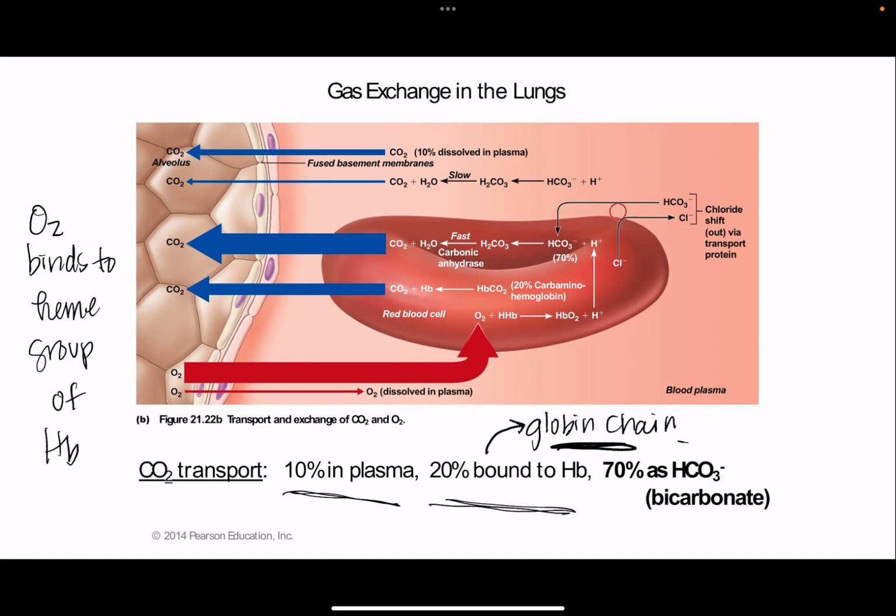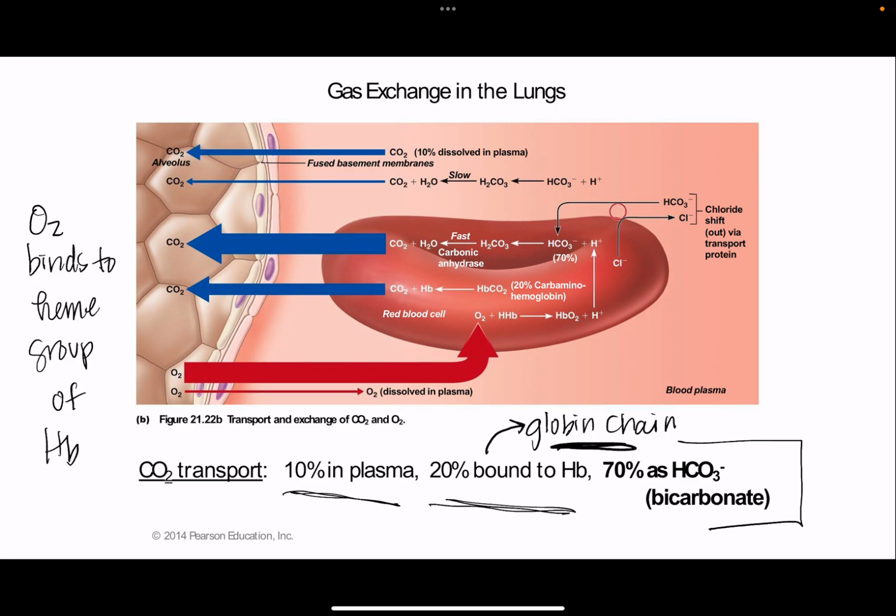But the bulk of our CO2 is transported as bicarbonate. So we just showed that equation where CO2 can be merged with water to make carbonic acid, and then that dissociates into bicarbonate. That is how most of our CO2 is transported, as bicarbonate. And then when we need CO2, we just shift that equation back to the other side, make some CO2.